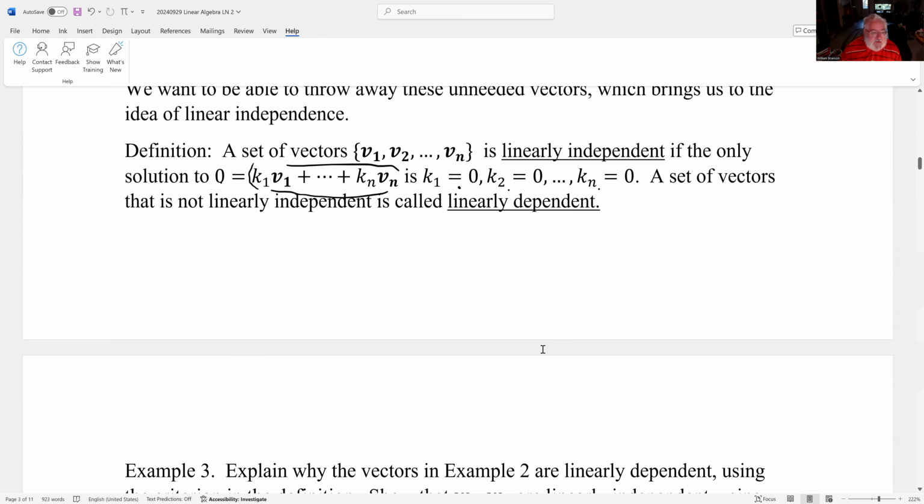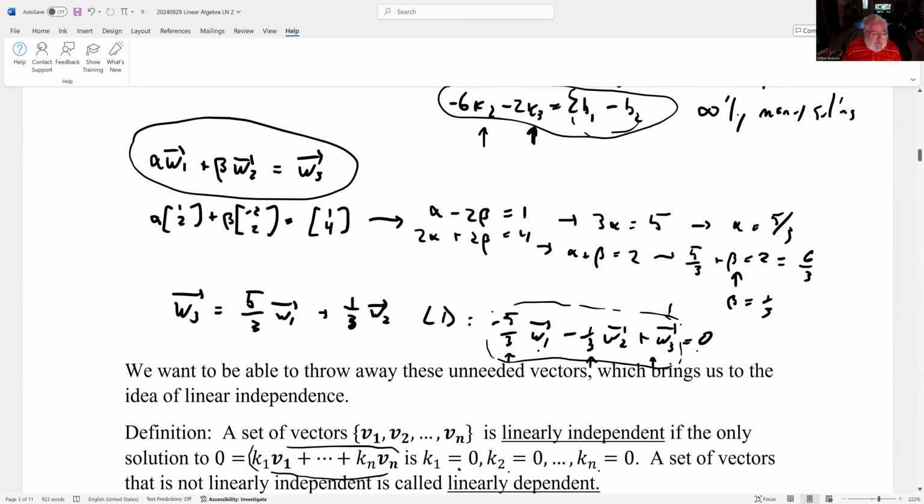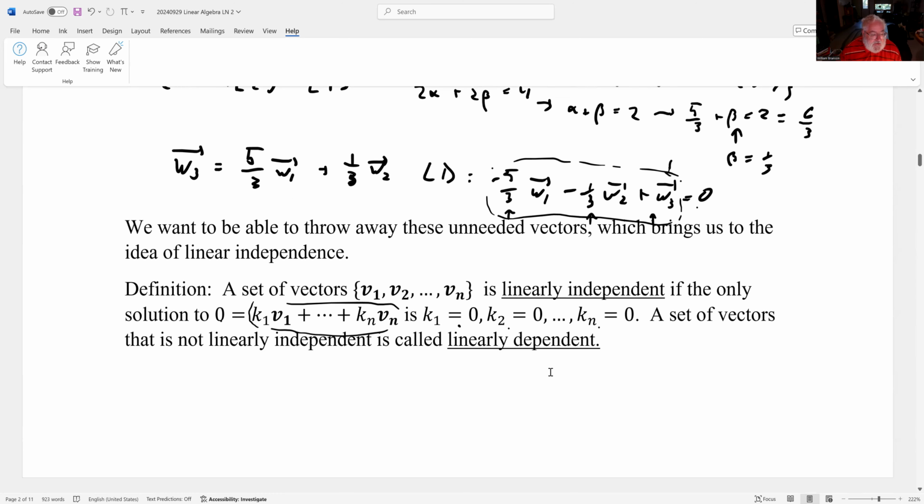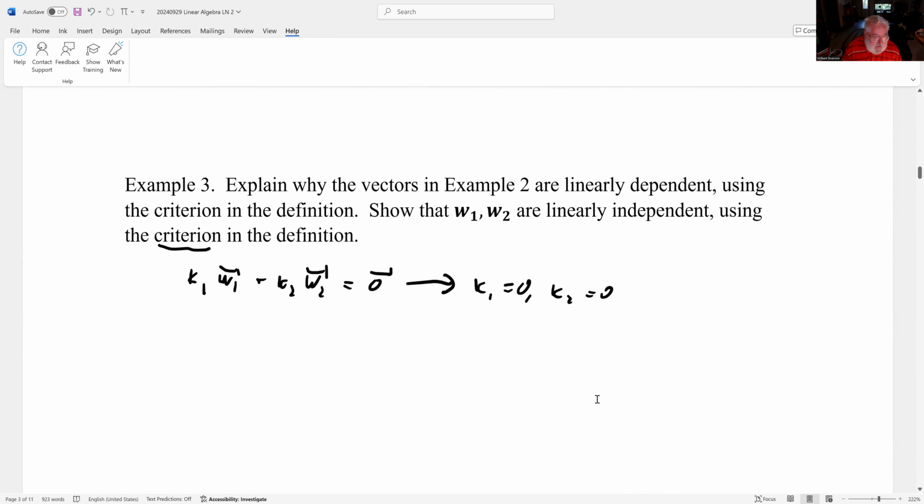So K1 times (1, 2) plus K2 times W2, which was (minus 2, 2), I want this equal to 0.